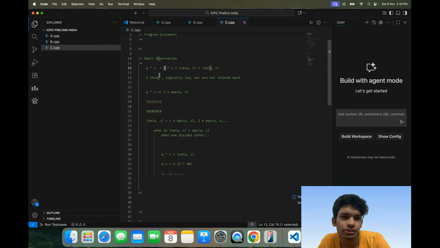If you make A equal to C, this will become 0, but this will become C. And then you have to deal with a problem where B XOR C equals C plus LCM of B comma C. Okay, that seems simpler, right?